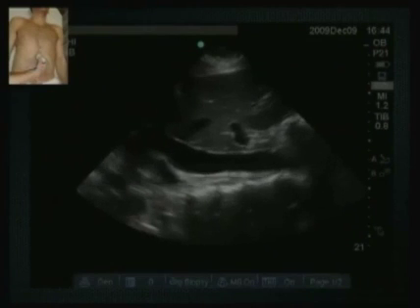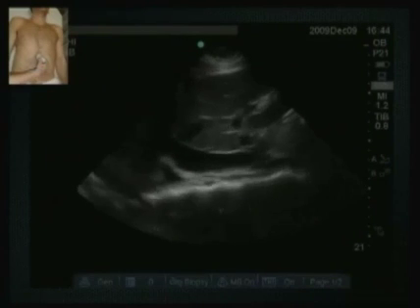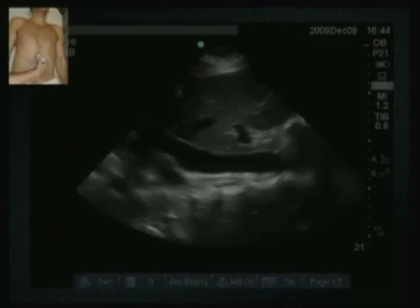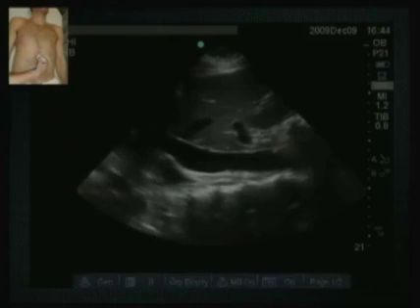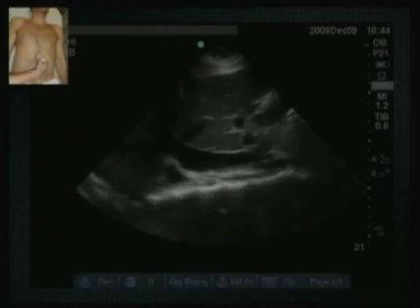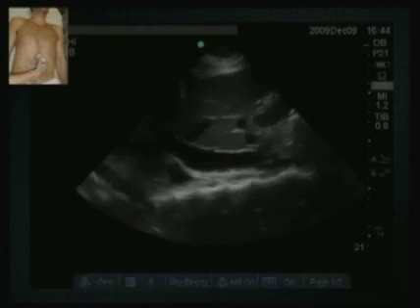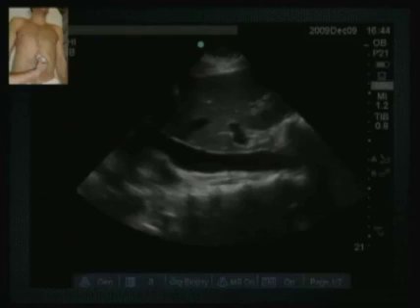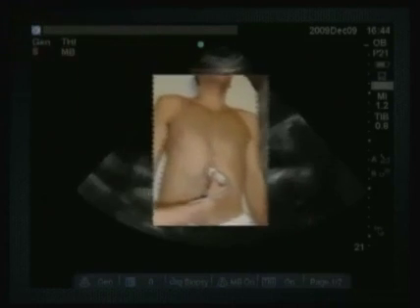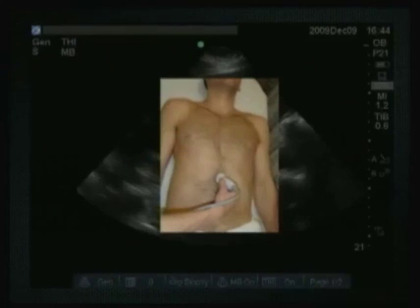And then the next step, I would say, is to take a look at the IVC, or the inferior vena cava. This is a nice extra data point to have and helps confirm your diagnosis. So in the case of cardiac tamponade, you would expect there not to be very much IVC collapse. This is just showing where to place the probe to do the subxiphoid approach to looking at the inferior vena cava.